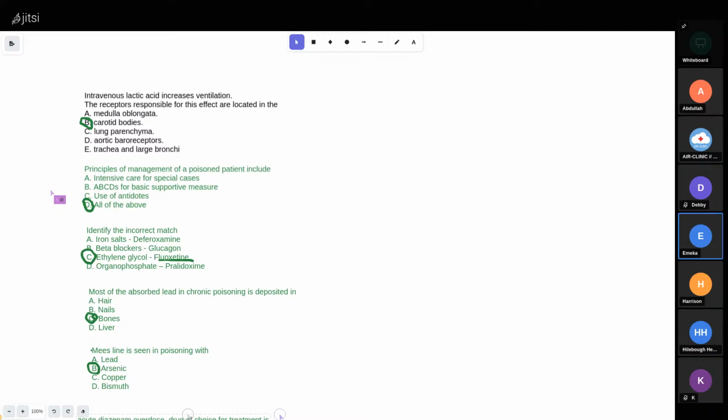The antidote is physostigmine. Yes, physostigmine, neostigmine and things like that. So it's different from 2-PAM that is used for organophosphates.